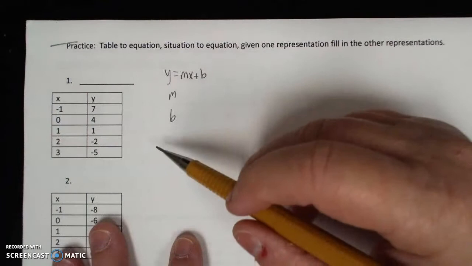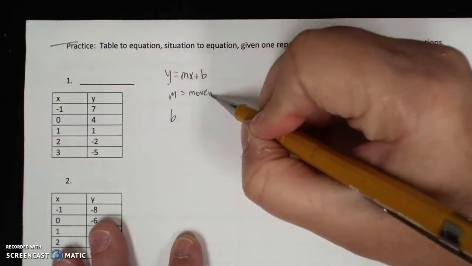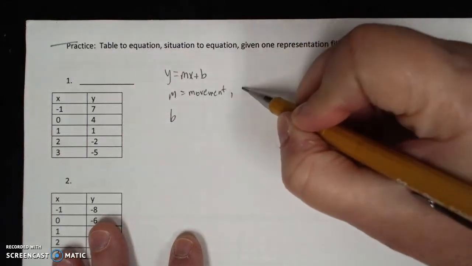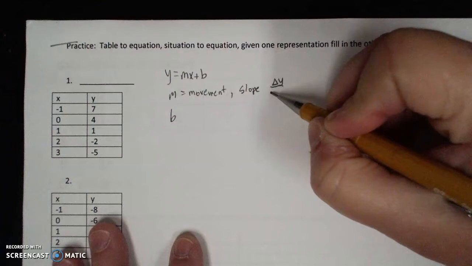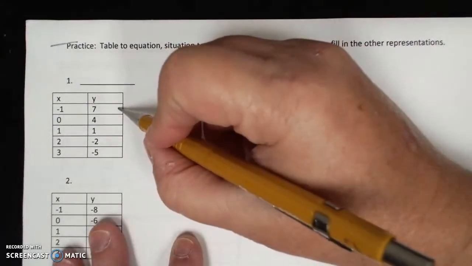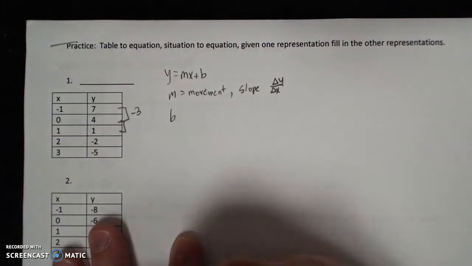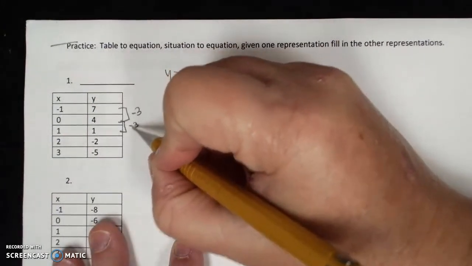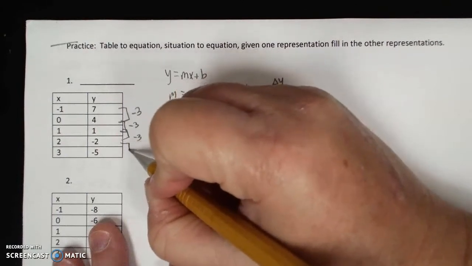When I am looking at this, m means my movement or my slope or how change of y happens over the change of x. All three of those things are saying the same thing. So if I go here, I go from 7 to 4, I subtract 3. From 4 to 1, I subtract 3. From 1 to negative 2, I subtract 3.